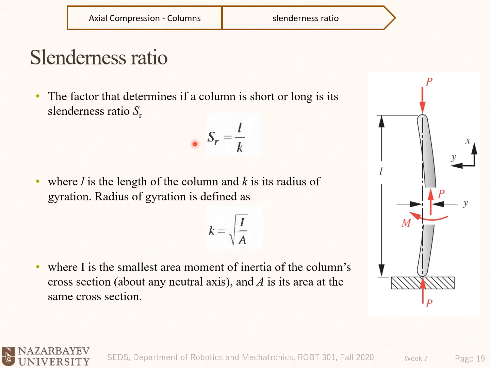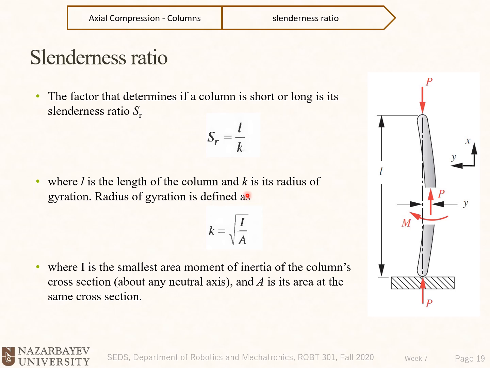The factor that determines if a column is short or long is its slenderness ratio SR. SR is L, or the length, divided by K, where L is the length of the column and K is its radius of gyration.